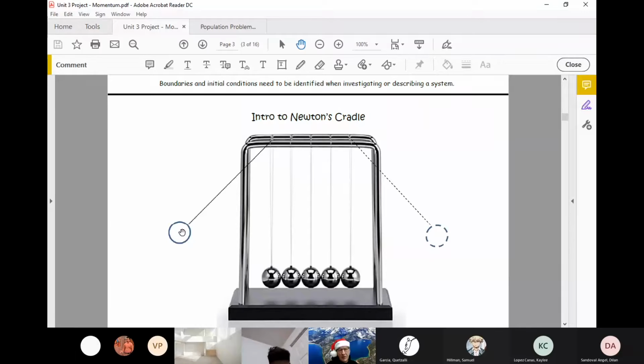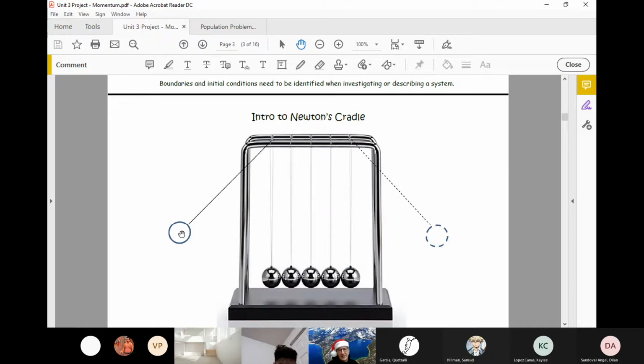Remember how we picked up this one ball, lifted it up, and let go of it so that it came swinging down and hit the other balls, and then it stopped. Its momentum was transferred through these balls, and then this one had nothing holding it back. So it took that momentum and swung up into the air before gravity pulled it back down again.